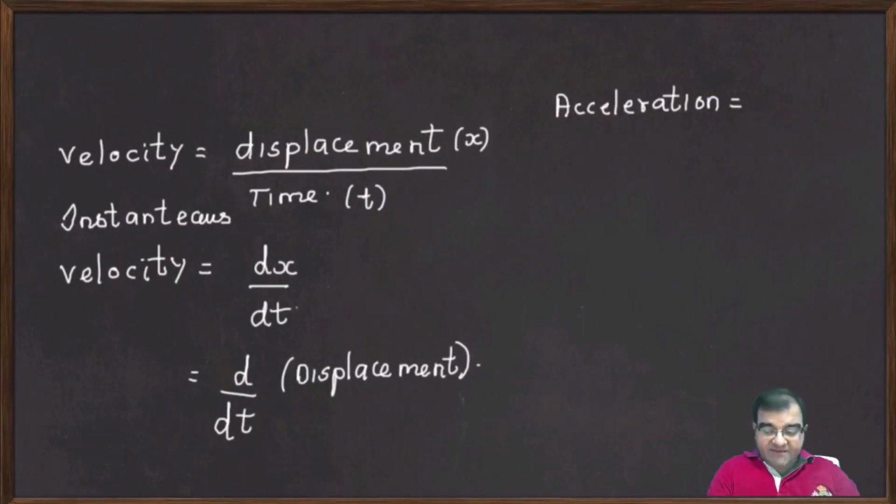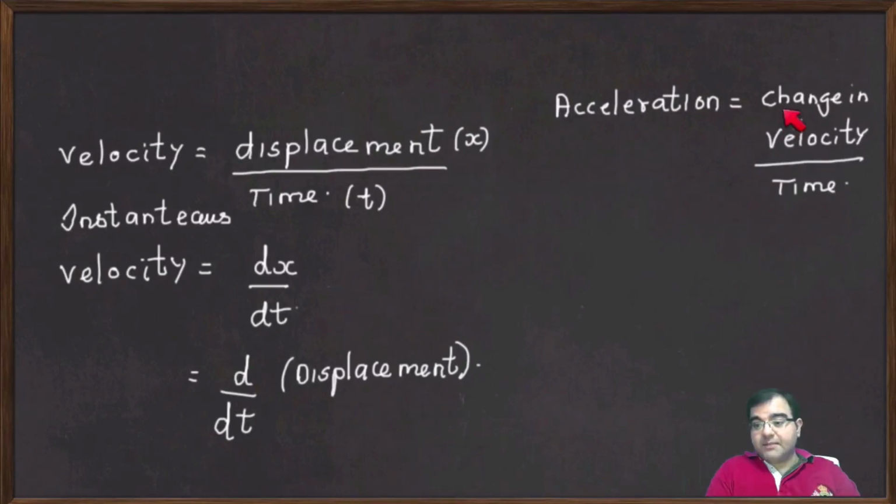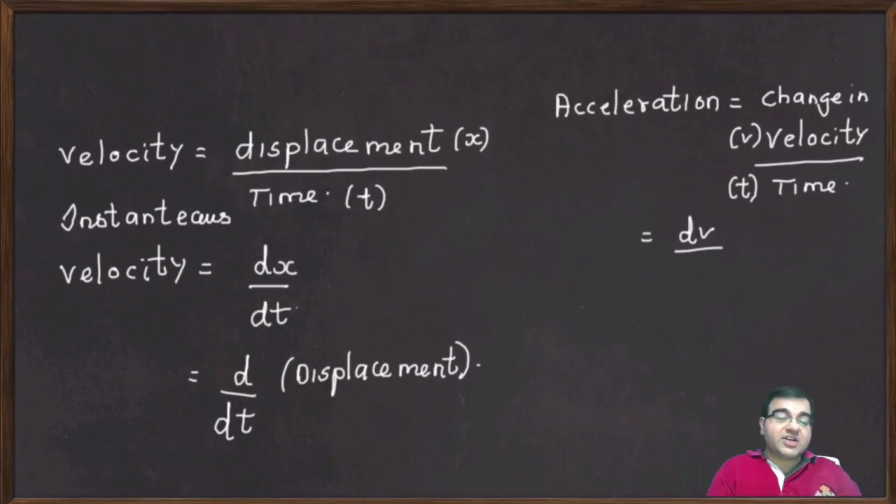In a similar manner, I have acceleration, which is nothing but change in velocity upon time. So if I call the velocity v and the time t, and I am interested in instantaneous acceleration, I am going to use dv here and dt here.